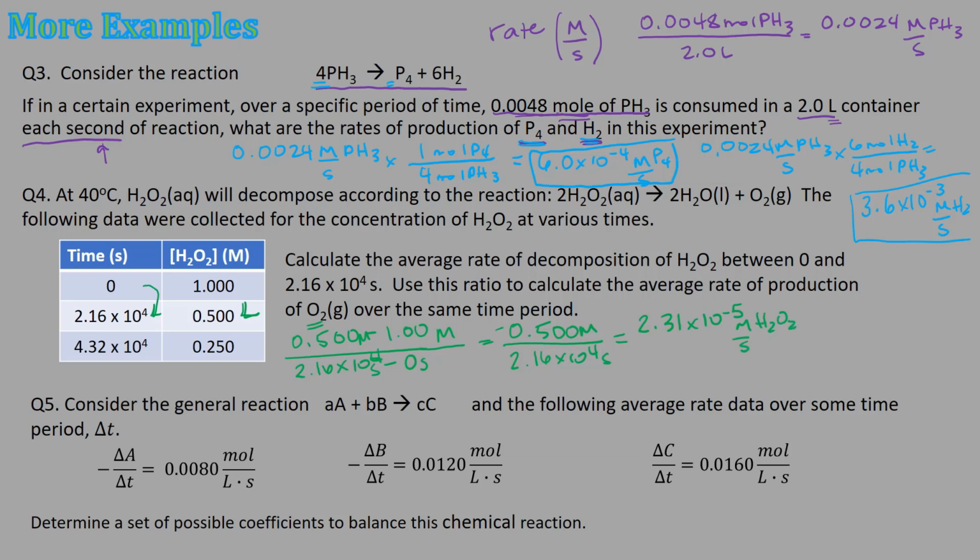Now if I want to find out for this oxygen here, then I'm just going to use a mole-to-mole ratio. So I've got 2 moles of H2O2 for every 1 mole of O2, and I got that from the equation right up here. So it's going to be half. So the answer is 1.16 times 10 to the negative 5th molarity per second.